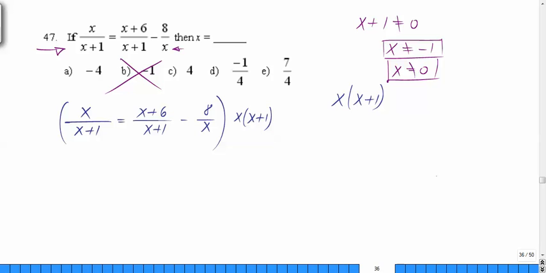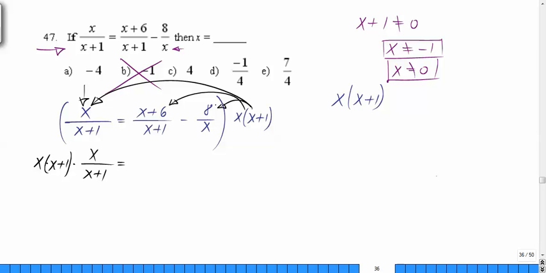When you do that, you will have x times x plus 1 multiplied by the first expression here, times x over x plus 1. And that should equal, now I'm going to multiply everything on the right by this common factor, so we'll have x times x plus 1 times x plus 6 over x plus 1, minus x times x plus 1 times 8 over x.